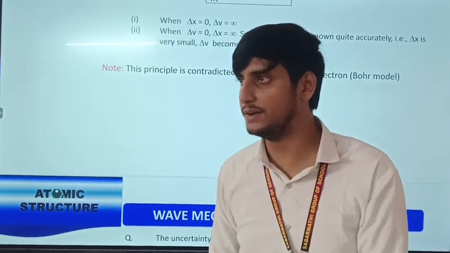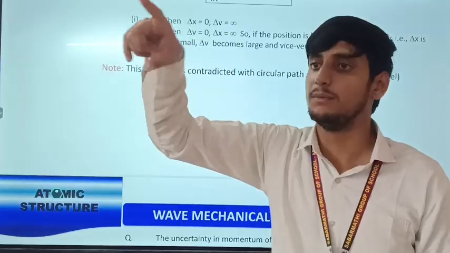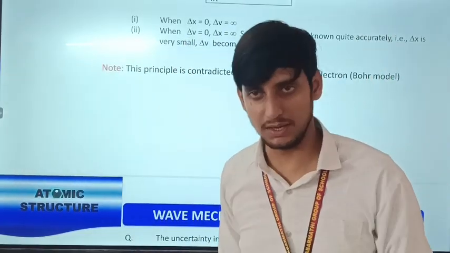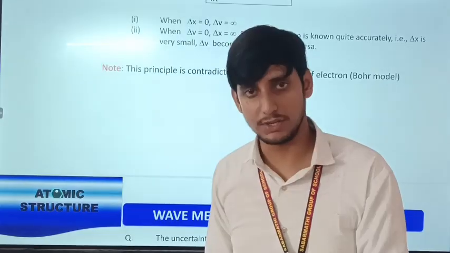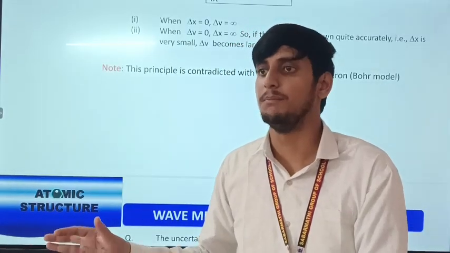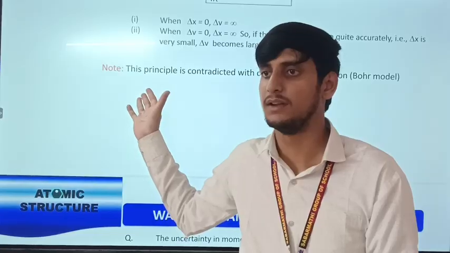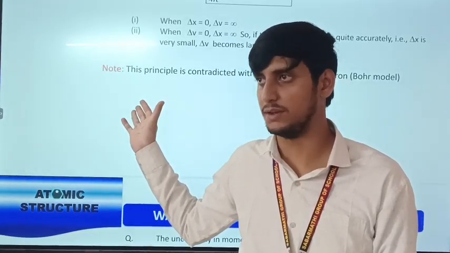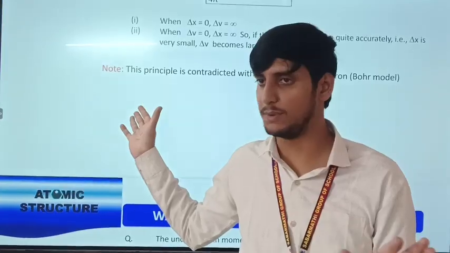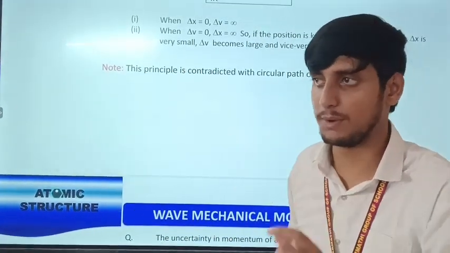Because Bohr said electrons revolve in a fixed path with a fixed velocity. Listen, this line is an important line for NCERT. But according to Heisenberg uncertainty, there is no fixed path, no fixed velocity, no fixed position.